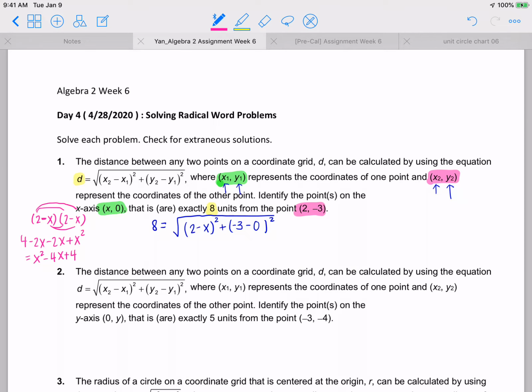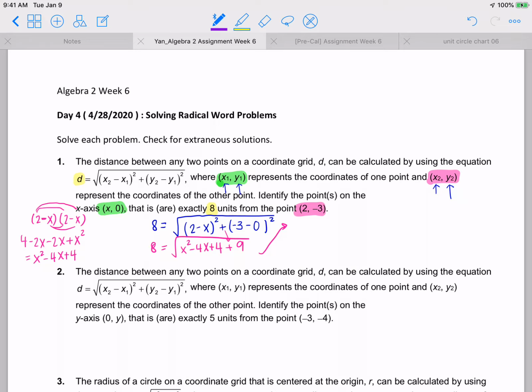This replaces the first part. And now we're going to drop the plus sign right here. -3 minus 0 squared, which is -3 squared, which is 9. Okay, let's keep working up here. Ooh, you guys are not going to like this question.